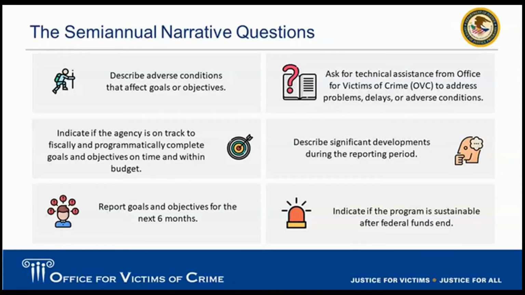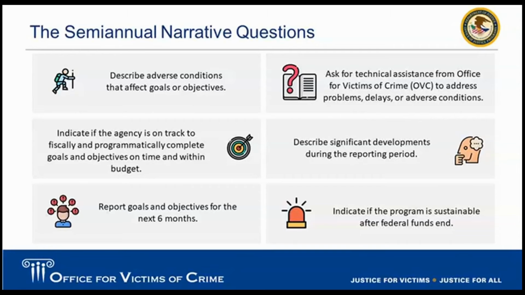I also wanted to make sure I highlighted that this is the chance for grantees to brag about the incredible work that they are doing and mention successes, talk about survivor stories and victim empowerment and what your organization has done to support victims in your community. And brag to OVC about how the OVC funds have helped you get to where you are.